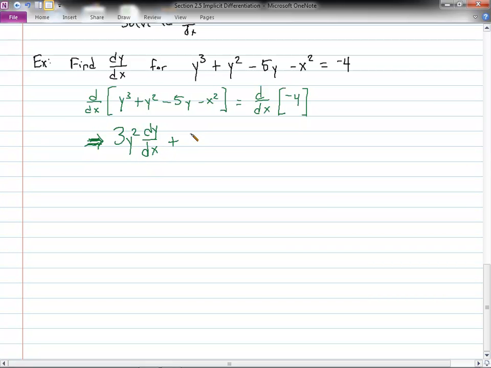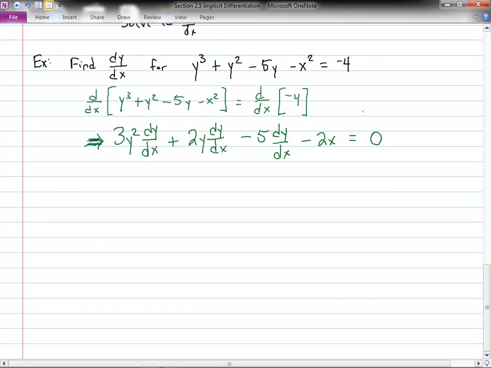Plus 2y dy dx, minus 5 dy dx, minus 2x, equals 0. Derivative of the constant is 0. Easy enough?